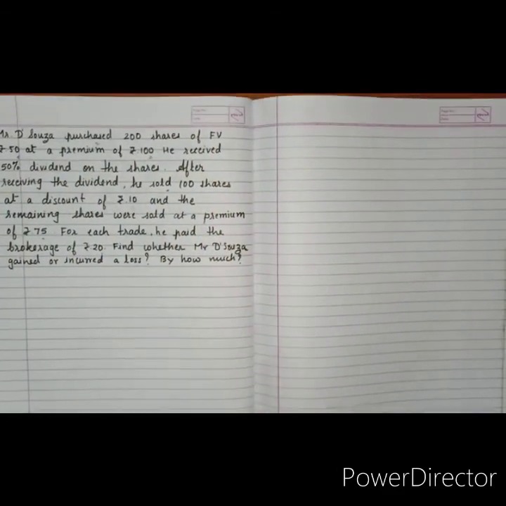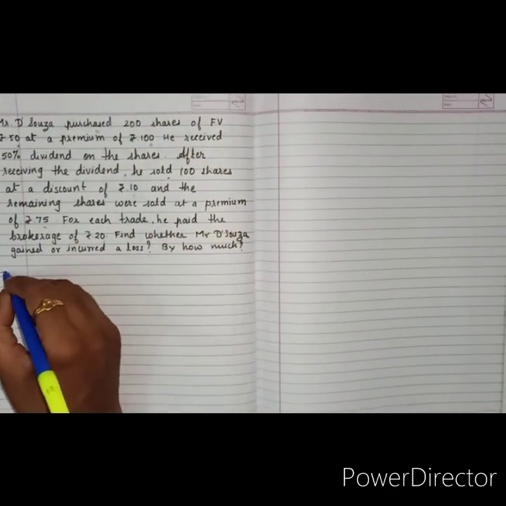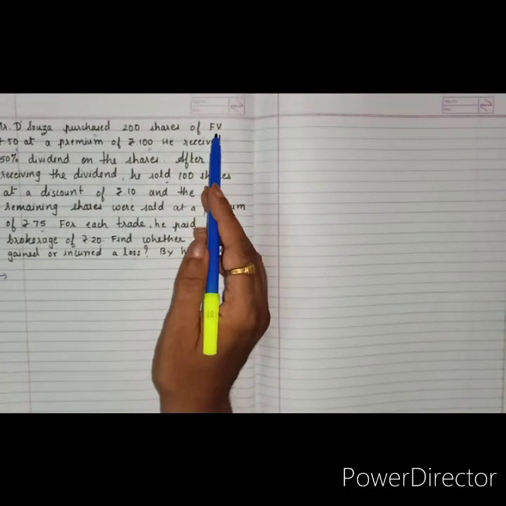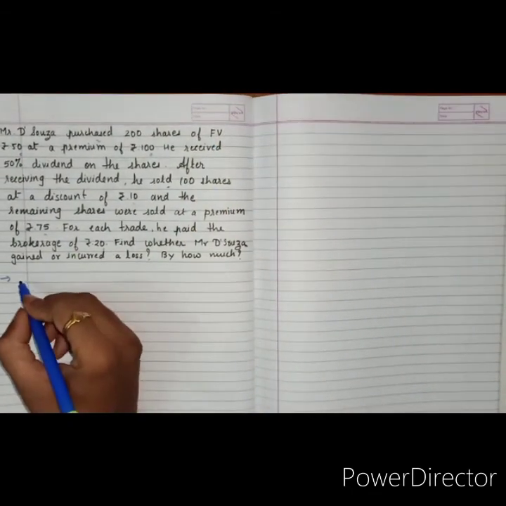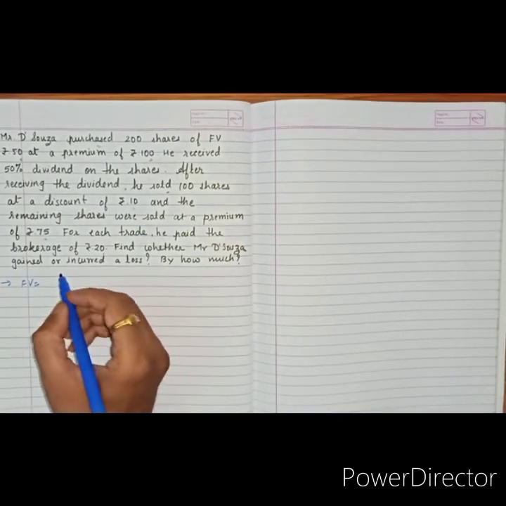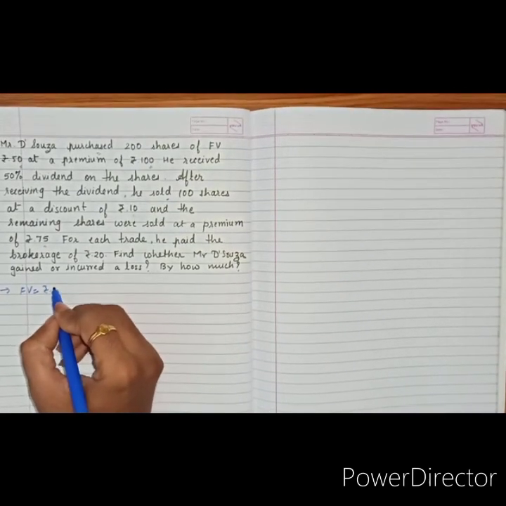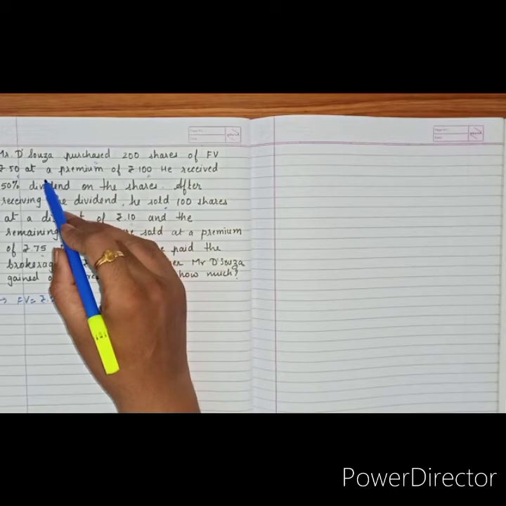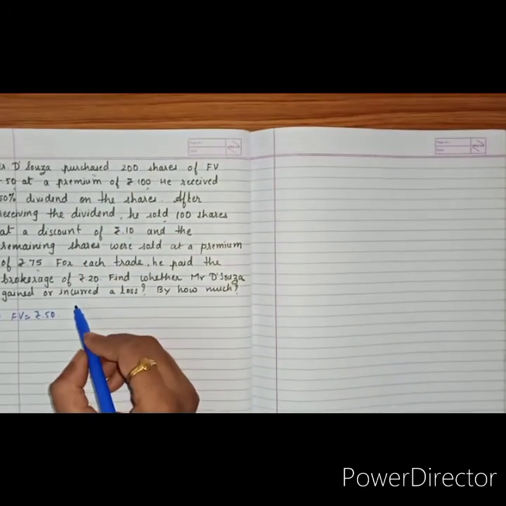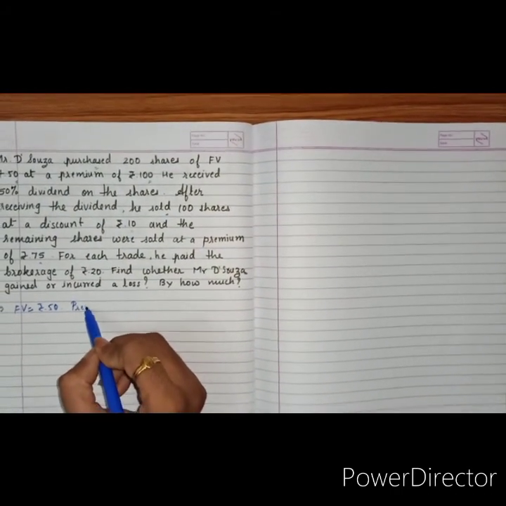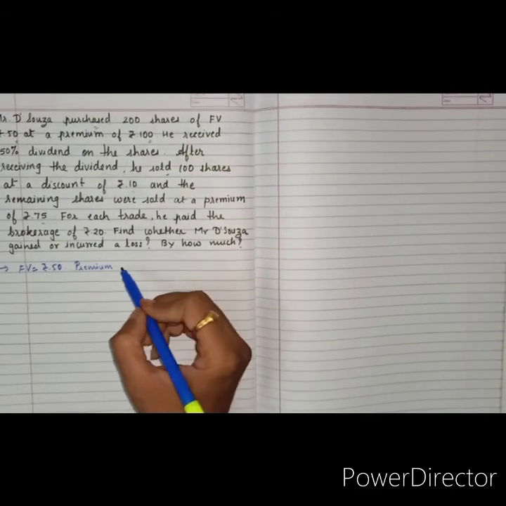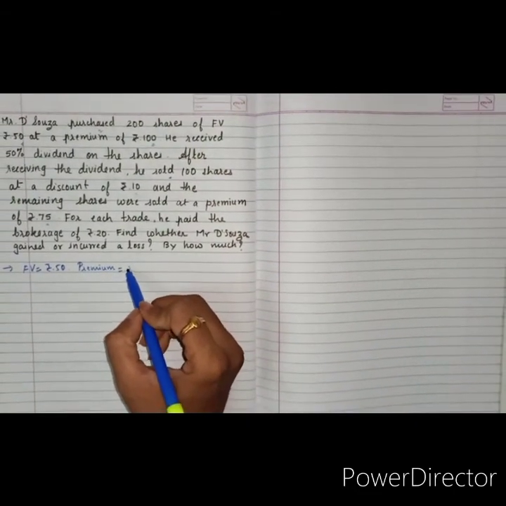Okay, let us go step by step. First, understand what is given to us is the face value. So let us write down that the face value of a share is rupees 50. What else is given? At a premium. Premium is when the market value is greater than the face value.